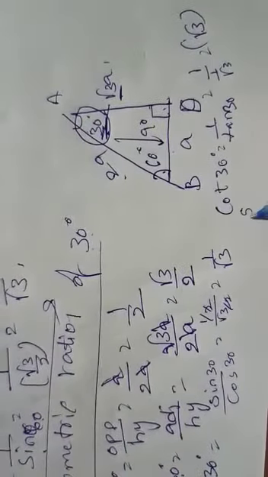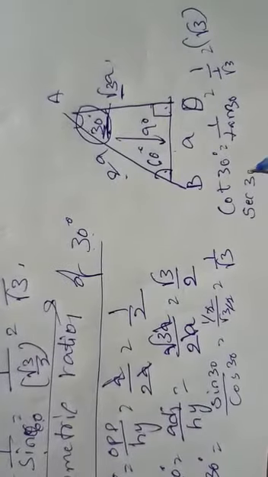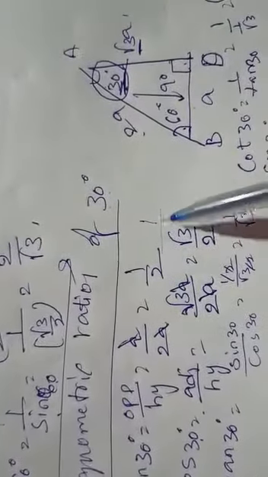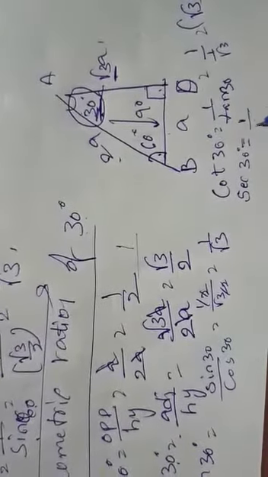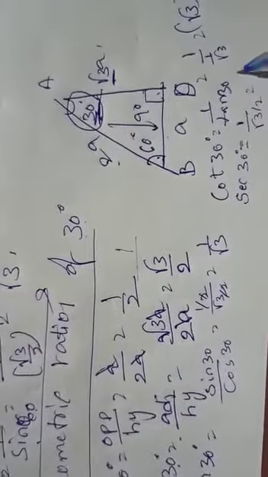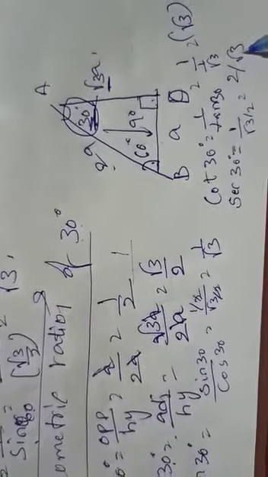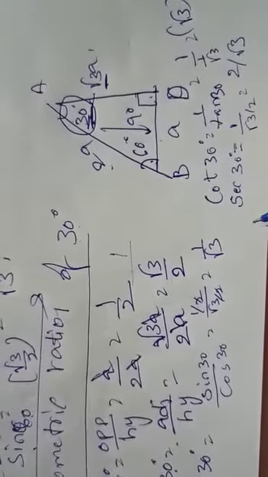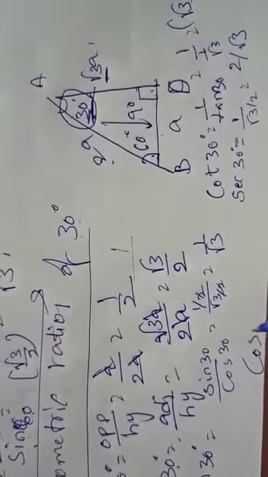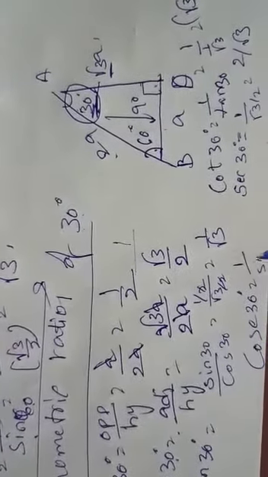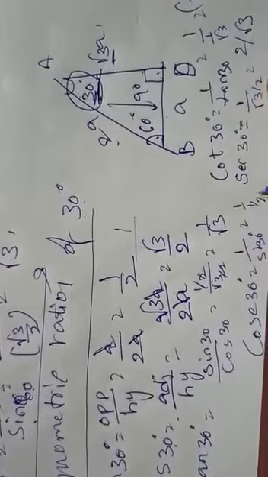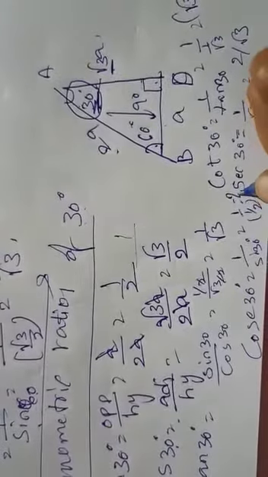Next, secant 30 degrees, 1 by cos 30, which equals 1 by root 3 by 2, equal to 2 by root 3. Next, cosecant 30 degrees, 1 by sin 30 degrees, 1 by 1 by 2, equal to 2.